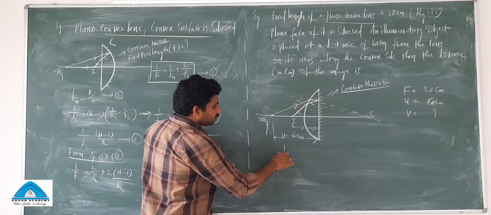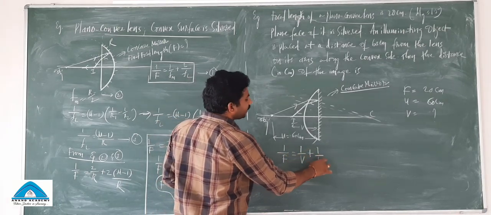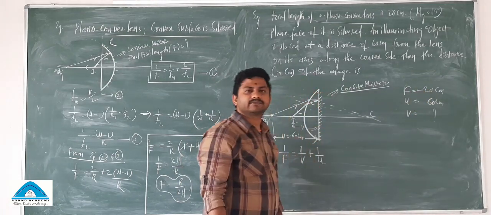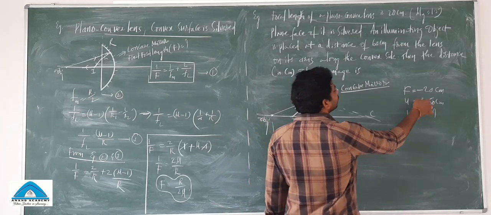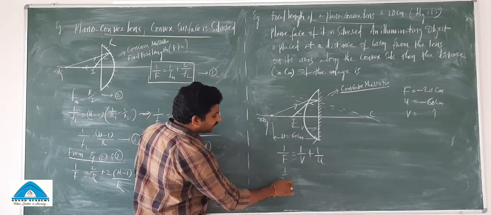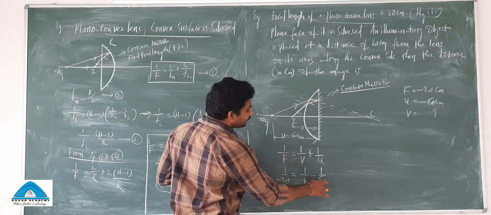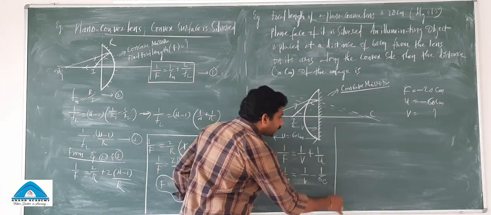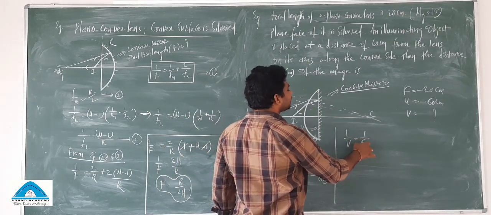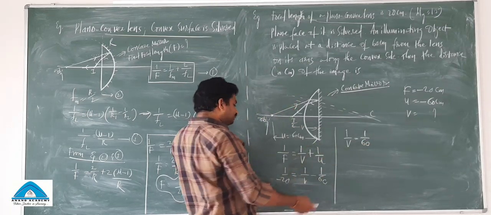So let me use the mirror formula. 1 by F is equal to 1 by V plus 1 by U. Focal length of a concave mirror is negative, and object distance is negative, right? So applying the same, 1 by minus 20 is equal to 1 by V minus 1 by 60. So 1 by V is equal to 1 by minus 20, and 1 by minus 60 goes to the other side and becomes 1 by plus 60.